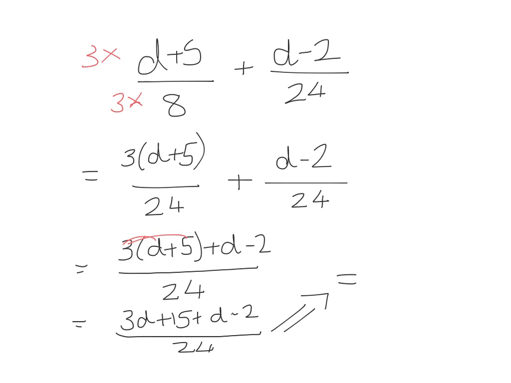And simplifying the top line, I'm going to have 4d plus 13 over 24. So, I found the lowest common multiple of the things at the bottom. To get from 8 to 24, I multiplied by 3, so I need to do that to the top as well. I then multiplied it in my bracket and collected like terms to get my final answer. 3 very, very straightforward marks.